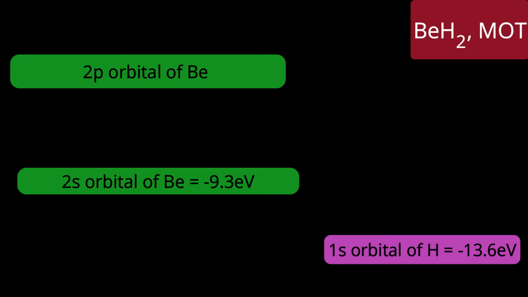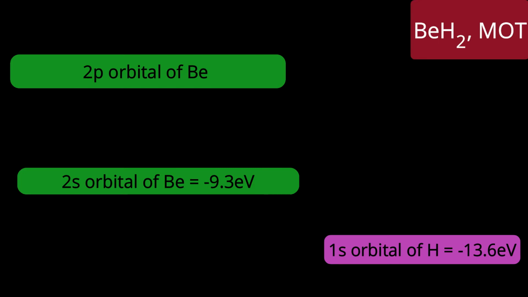For the 2p orbital, the exact data is not available with me, but it is around minus 2 to minus 3 electron volt. The energy of the 1s orbitals of hydrogen, which are going to establish the group orbitals, is minus 13.6 electron volt.